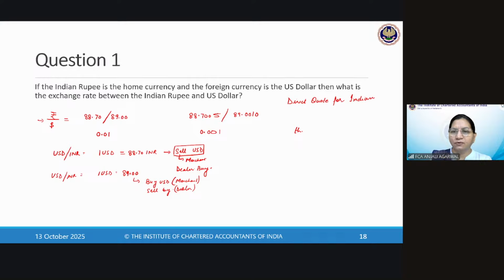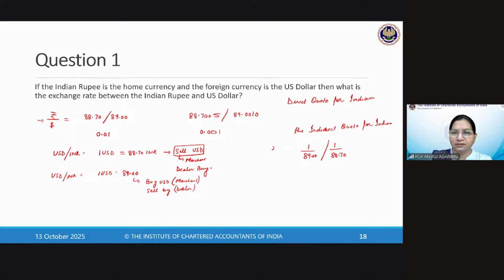The indirect quote for an Indian would be 1 upon 89.00 / 1 upon 88.70.